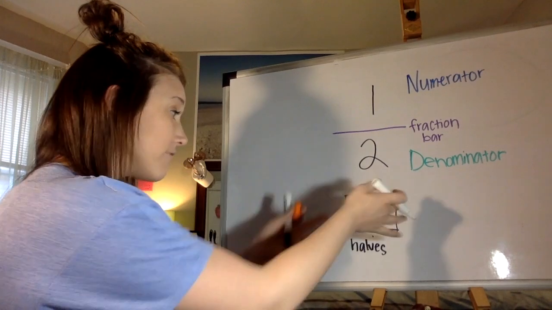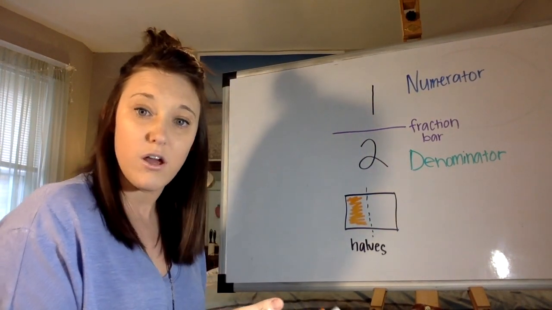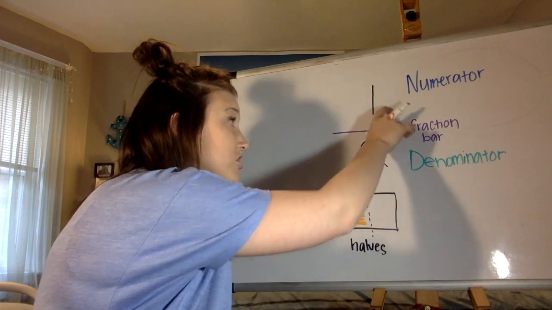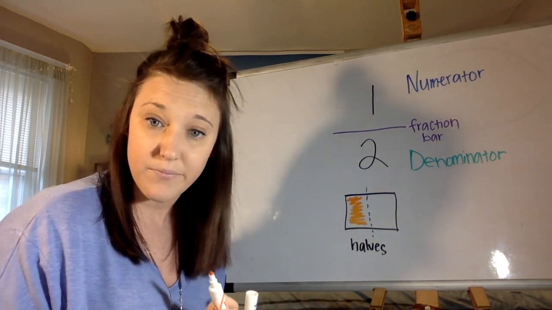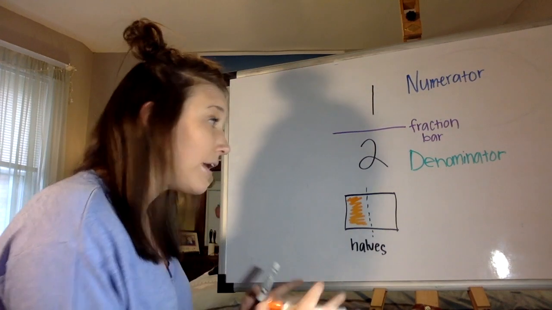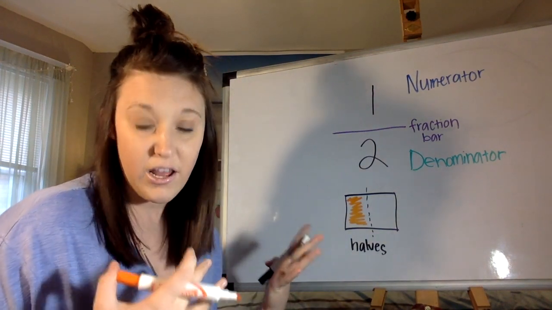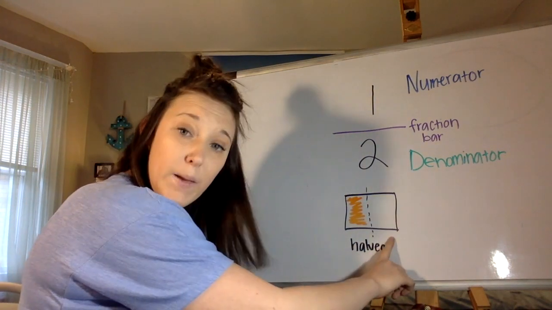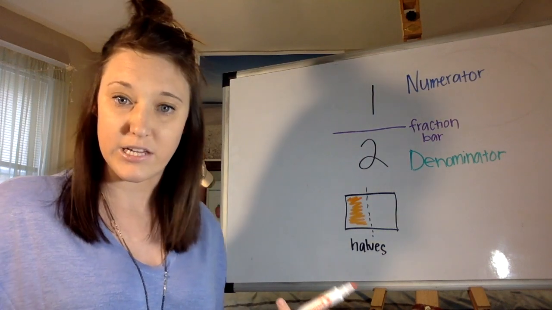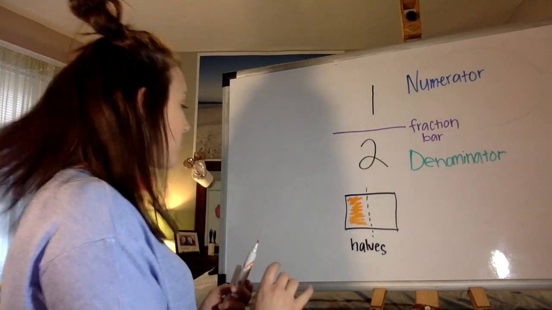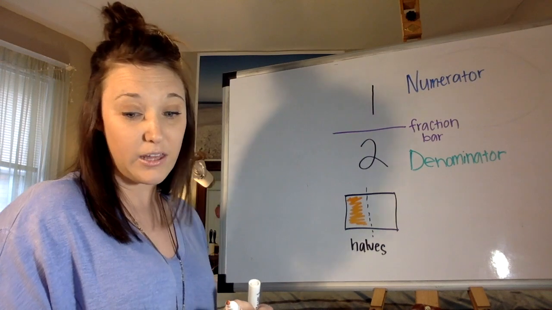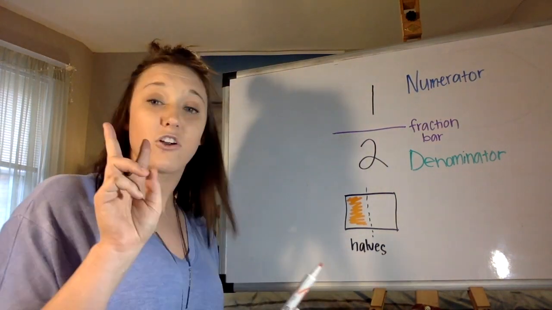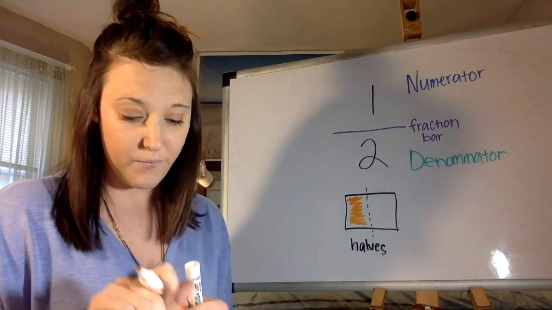So what part of my shape am I talking about? I'm talking about one half of it, this one shaded piece, which is my numerator. The denominator is telling me how many parts there are in the whole. The whole is the shape that's being split up into equal shares. The denominator is telling me how many equal parts there are in the whole, and in this shape, there are 2 equal parts in the whole.